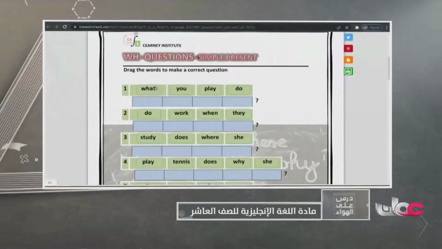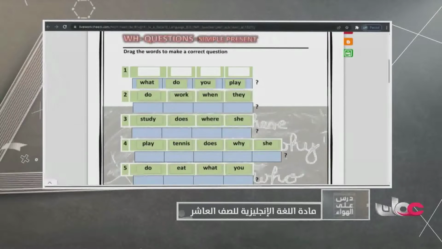We should start with the WH word, and what comes after the WH, we said, one of the auxiliary verbs, then we have the subject and then the main verb. So it is, what do you play?